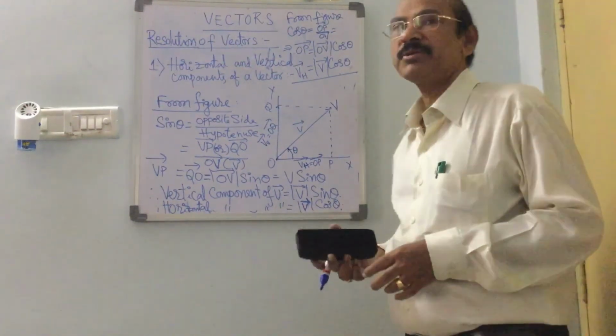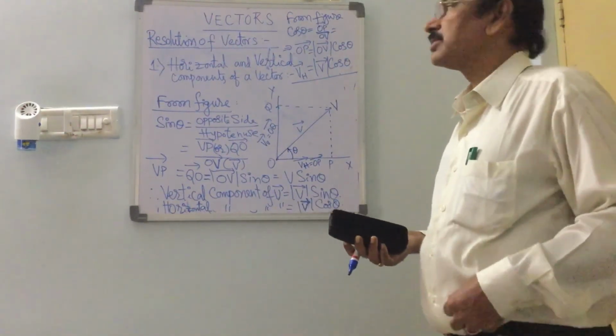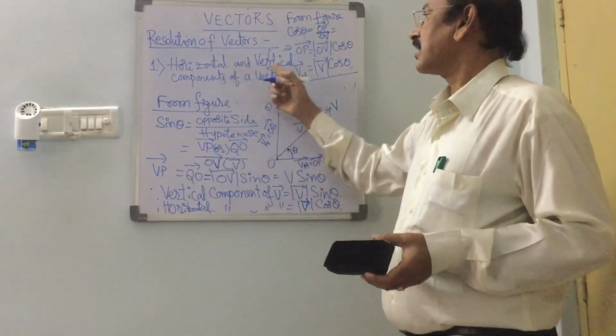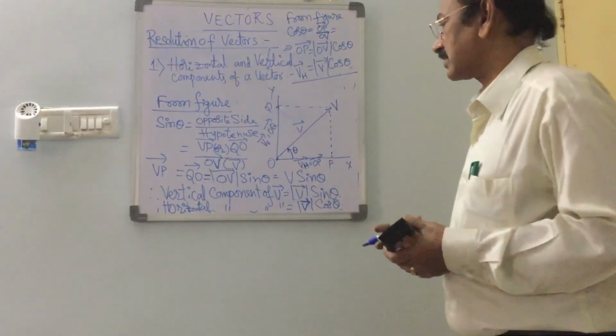So a vector can be resolved into two perpendicular components in horizontal and vertical directions.